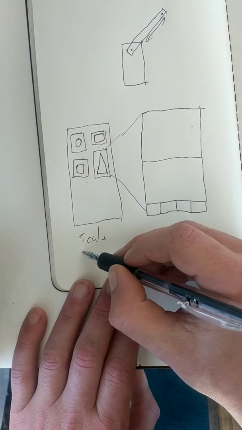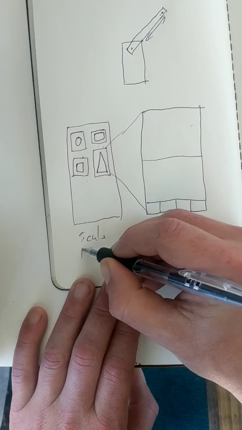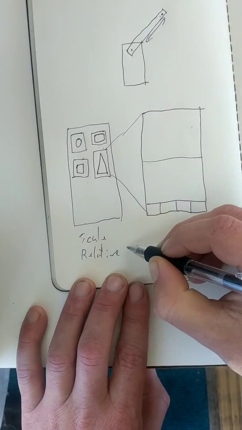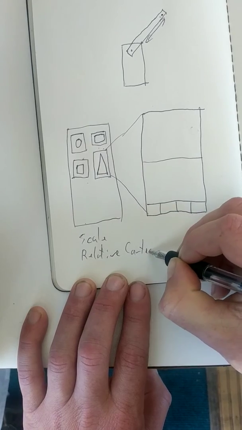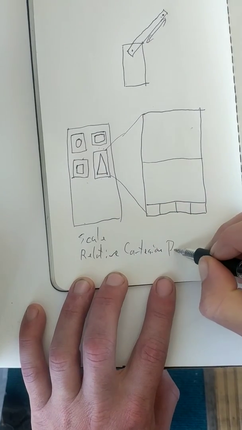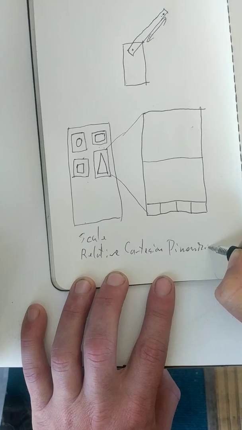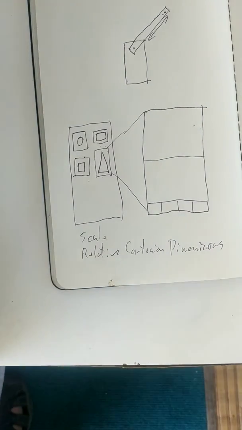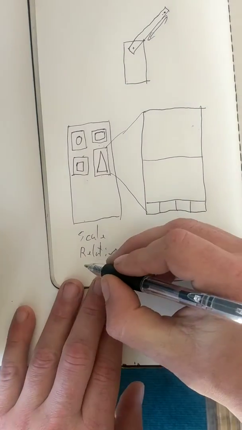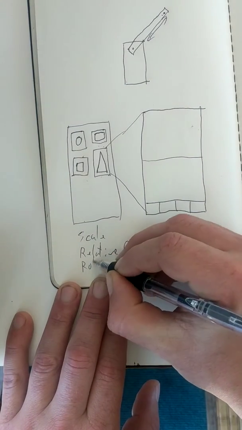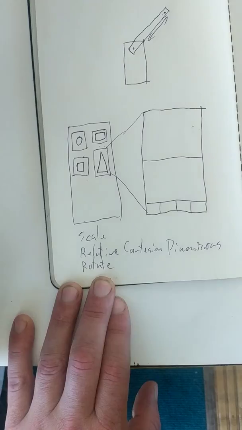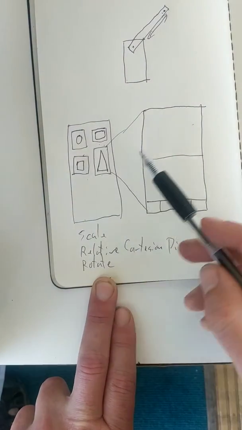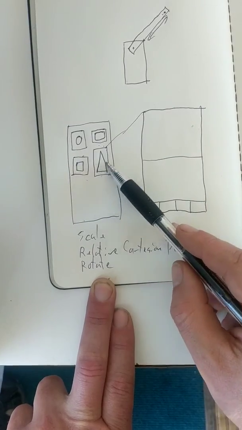So also relative Cartesian dimensions. And the user should also be able to rotate this. This is for each image.